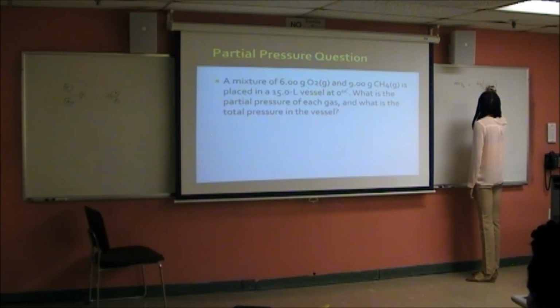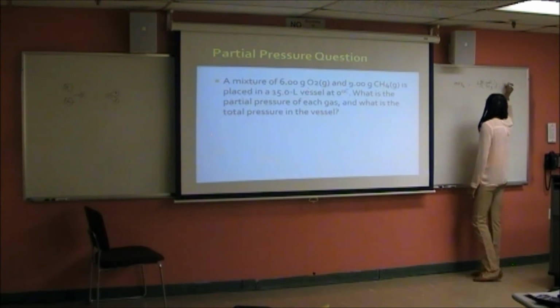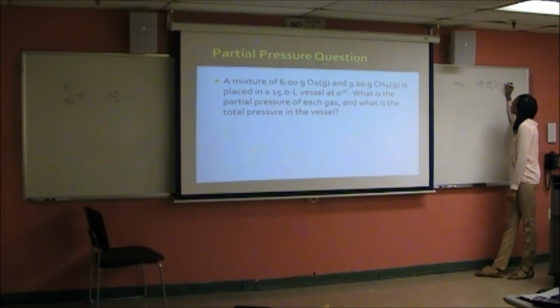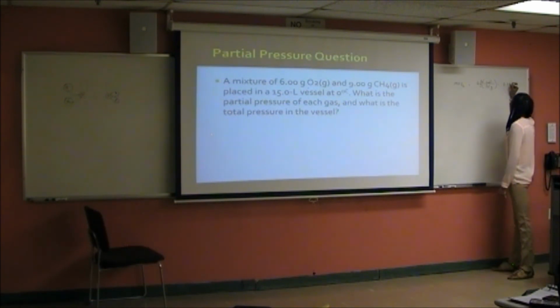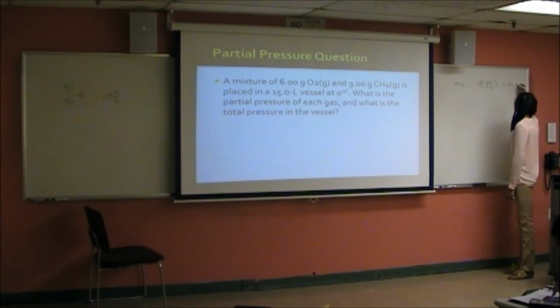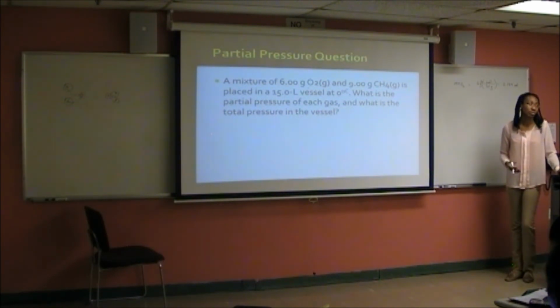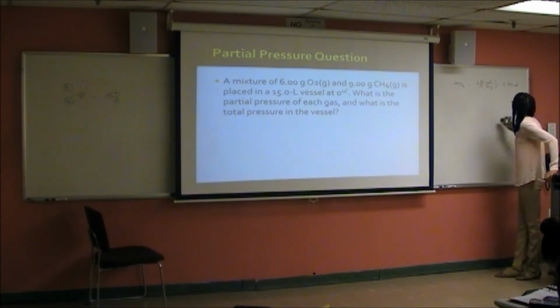You have to do two separate equations for oxygen gas and methane. Are we watching our significant figures? Yes, of course you are. How many significant figures do you need? 3. So 0.188.